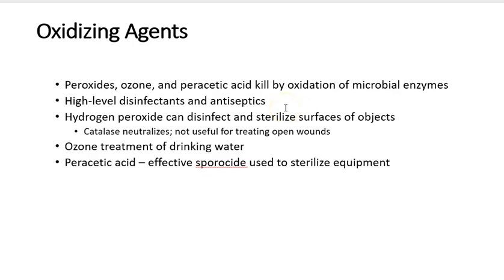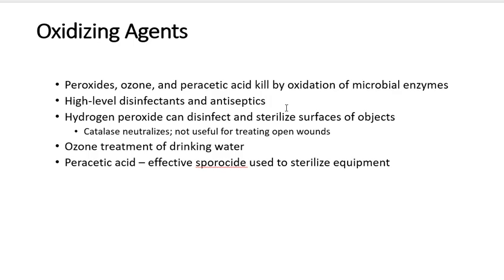Hydrogen peroxide can disinfect and sterilize the surface of objects, but people like to pour hydrogen peroxide on an open wound. It's not really good for doing that. I know people think about that, and it does not work, because catalase neutralizes it.